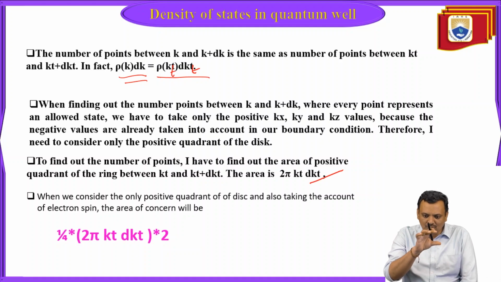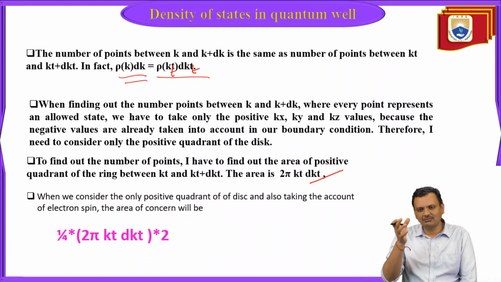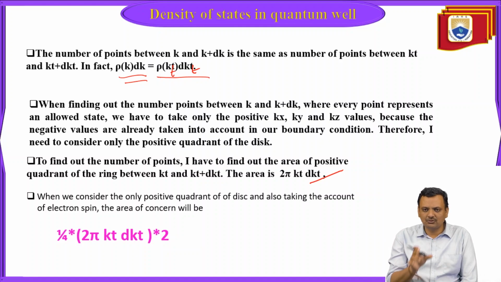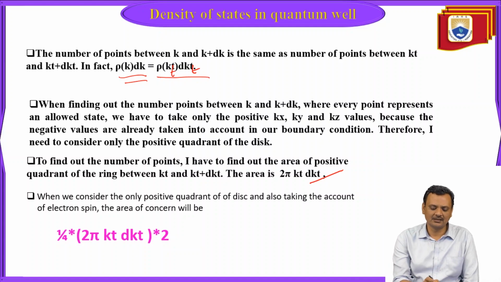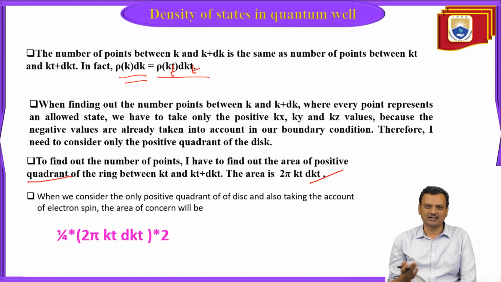Why? Because this is a 2D geometry. In the bulk case, that sphere is a 3D geometry. So if you want to choose only the positive part of that sphere, you have to choose the positive octant. But in 2D geometry, if you want to choose the positive region, you have to choose the positive quadrant, not octant, because this is 2D geometry.